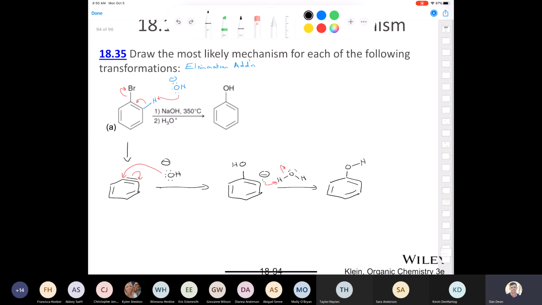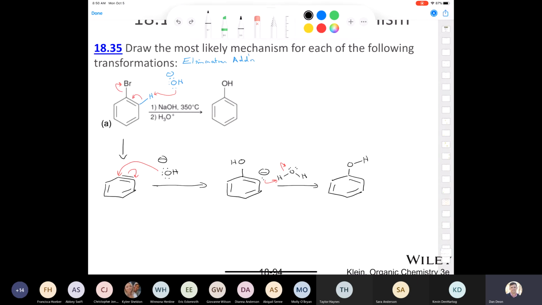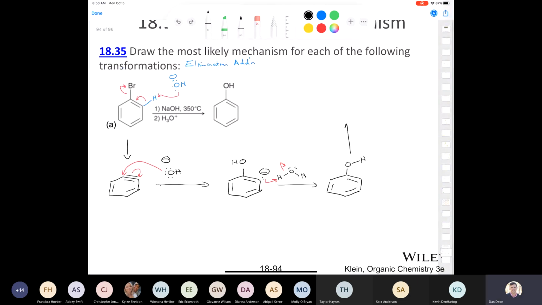We're in strong base, and phenol has a pKa around 10. Water, the conjugate acid of hydroxide, has a pKa of 15.7. And so now the hydroxide is going to deprotonate the phenol like this. Okay, so now we end up with our phenoxide.